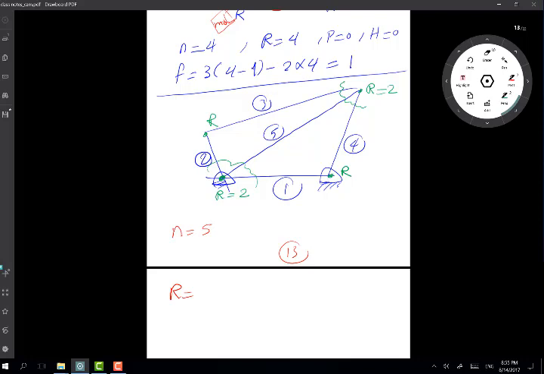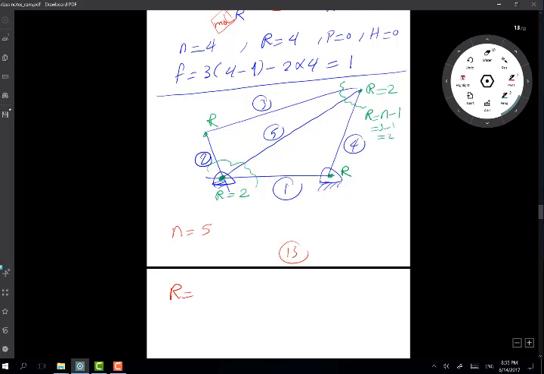Every link moves with it, making some displacement, angular or whatever. This will correspond to one revolute joint. So in fact, I say here R is equal to n minus 1, where n is the number of links at a junction. So that's 3 minus 1, which is equal to 2.